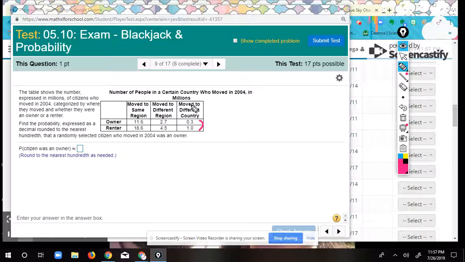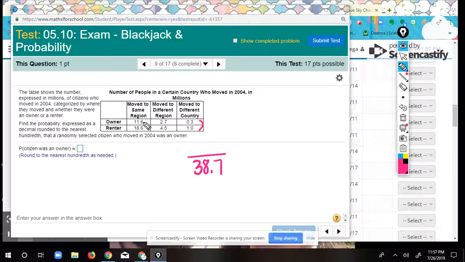So 11.6 plus 2.7 plus 0.3, and so on, 18.6. I'm just adding all of them because it didn't really give me a total category. So the total is 38.7 million people. They want to know the probability that a citizen was an owner.